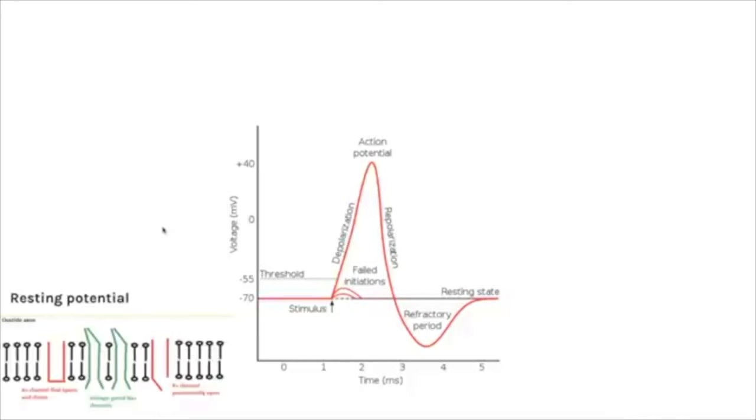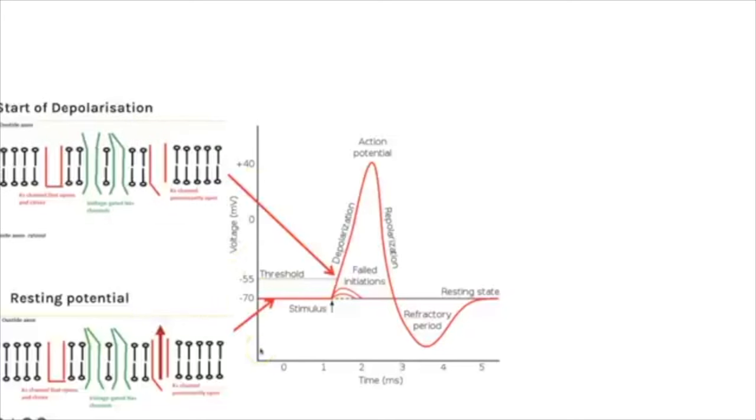A stimulus provides the energy that can cause the sodium ion voltage-gated channels in the axon membrane to open, and this will cause the sodium ions to start diffusing in. And that's what we can see here. One of those channels has now opened, and therefore sodium ions will start to diffuse into the axon.